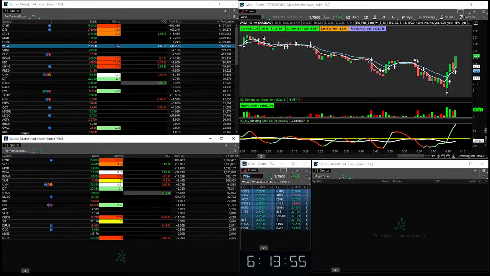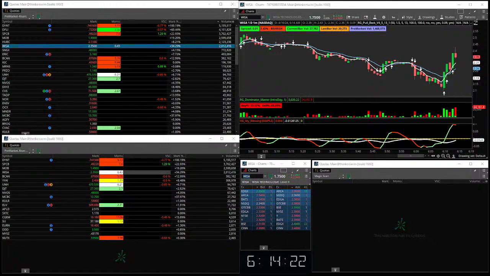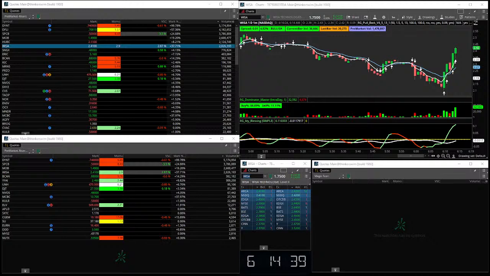WISA moving up. Nice tall dominator bar right here.